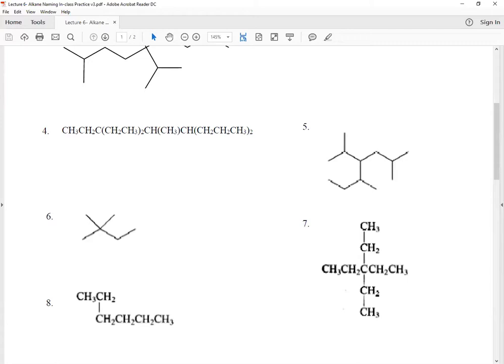This is just a methyl, and so is this. And then what is this? 1A, 2A. So that's a 1-methylethyl, right?